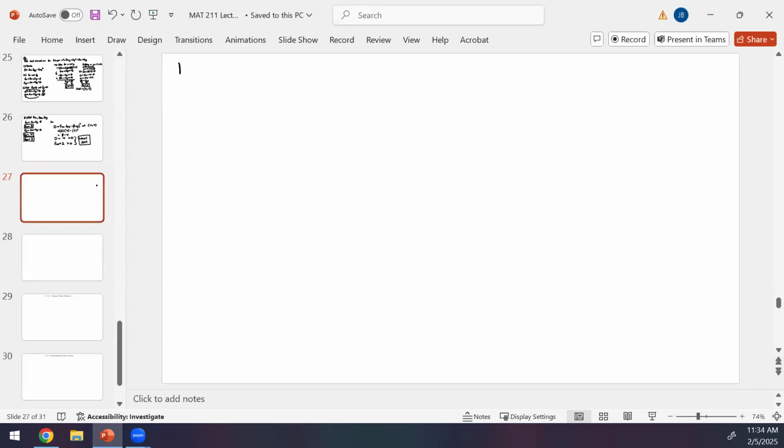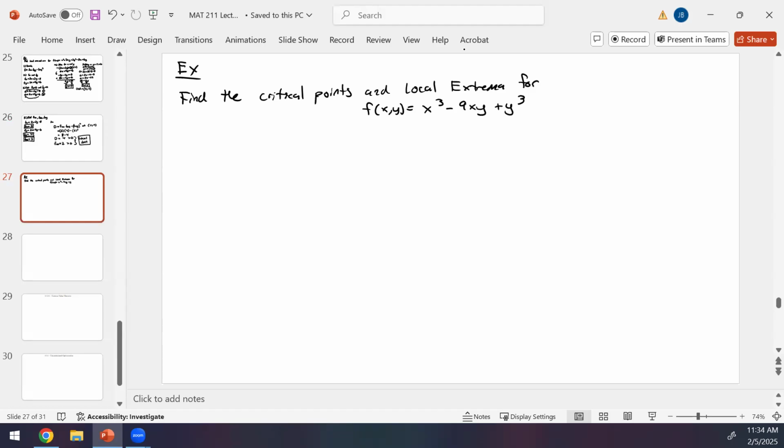So for this example, find the critical points and local extrema for f of x comma y equal to x cubed minus 9xy plus y cubed.